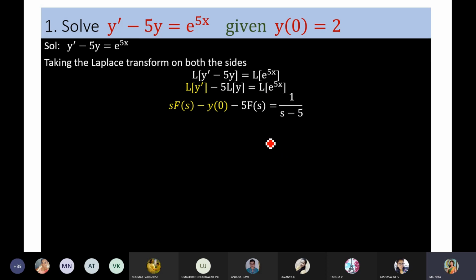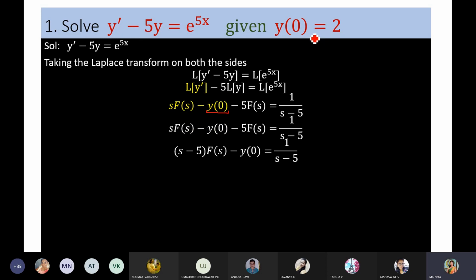Now after this step, what you have to do is combine all the F of s, and the rest of the things you can substitute the value. Like you can see y of 0 here, no? What is the value of y of 0? 2. So we will substitute the value of y of 0. And then we will take F of s common.